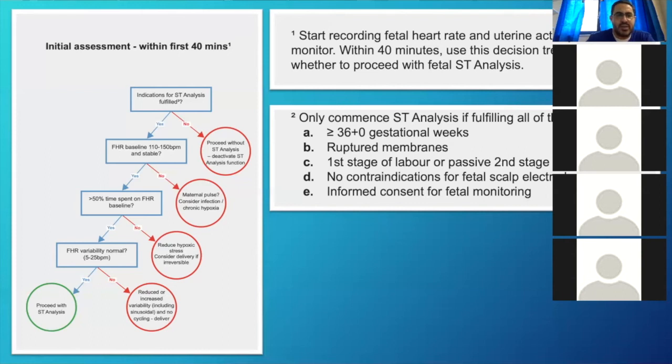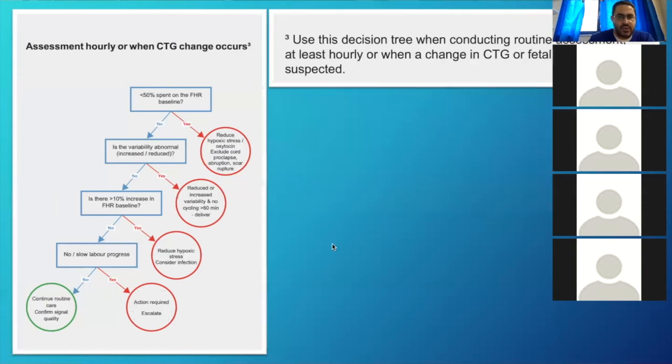You can't start STAN assessment when baby's already hypoxic. And if the baby is not showing any normal variability or is not cycling properly, then again, you can't start. So you have to start STAN on a non-hypoxic baby at a stable stage. If it is, then you can proceed with STAN. If it isn't, then you can't use STAN for reassurance.